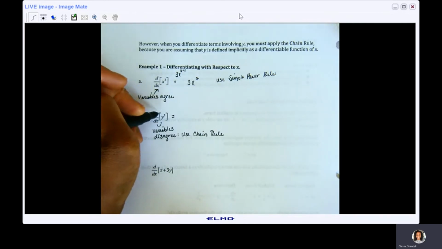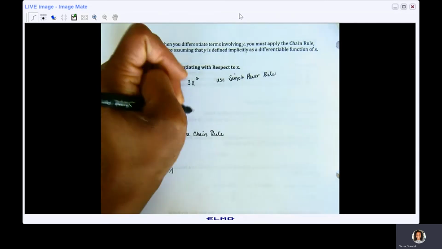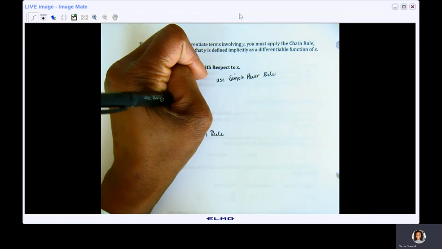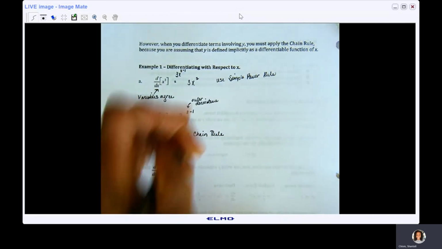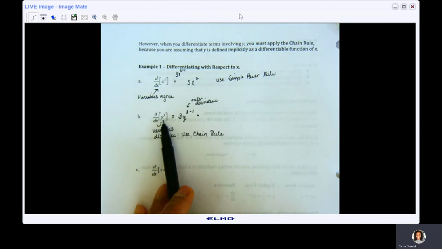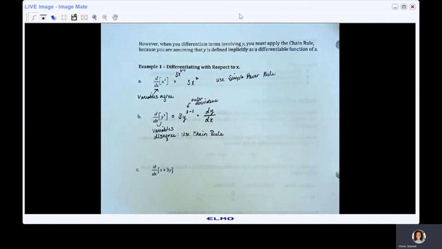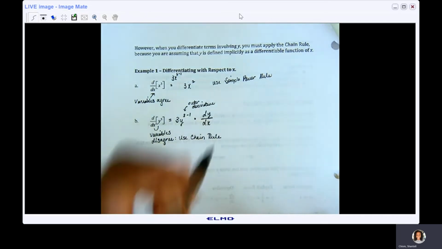The outer derivative is taking the derivative of that exponent, bringing it down. So that would be 3 times y to the 3 minus 1 power. So this is the outer derivative. And then we say times the derivative of the inside. Well, the derivative of the inside function is y. So the derivative of y would be dy with respect to x. We don't know what the function is. We're just saying it's y. So the derivative of y with respect to x.